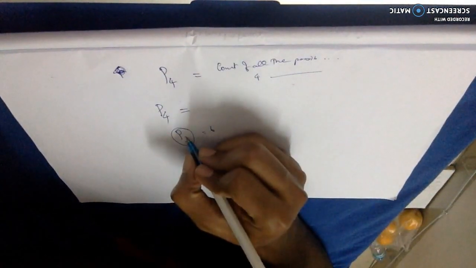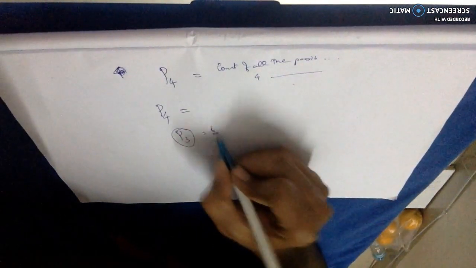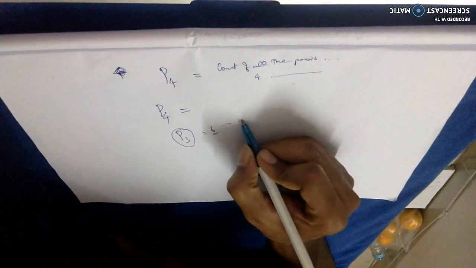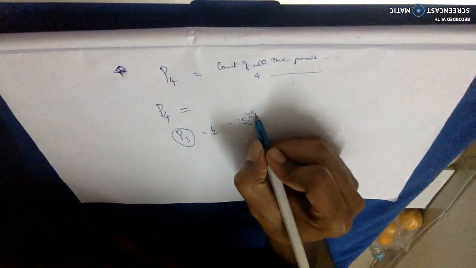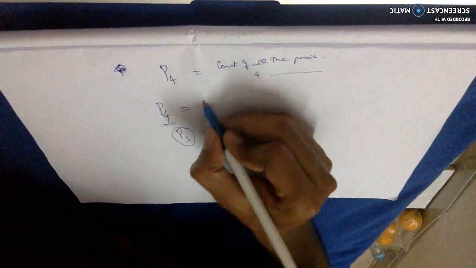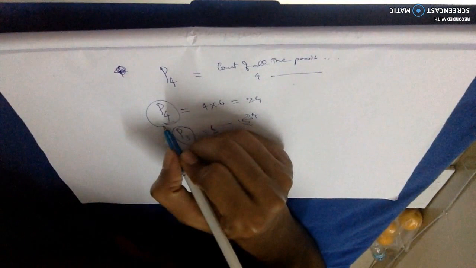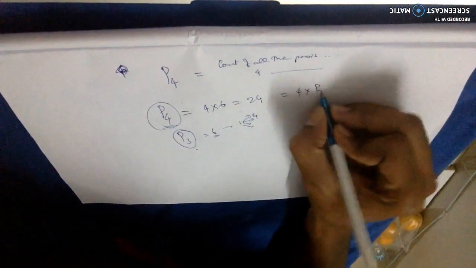Now each of these items will give out 4 new permutations of this type. So 4 into 6, 24, is P4 if you know P3. So basically P4 is 4 into P3.